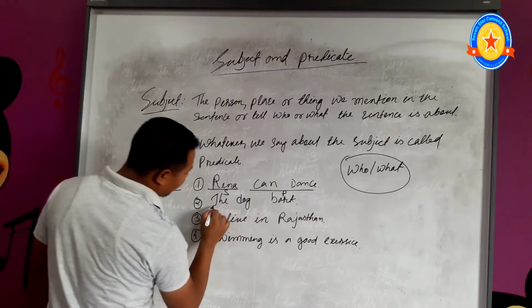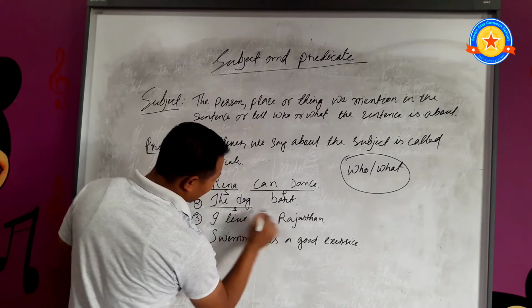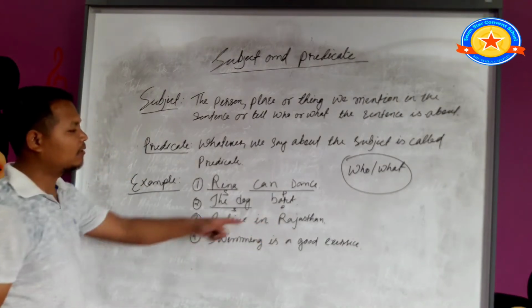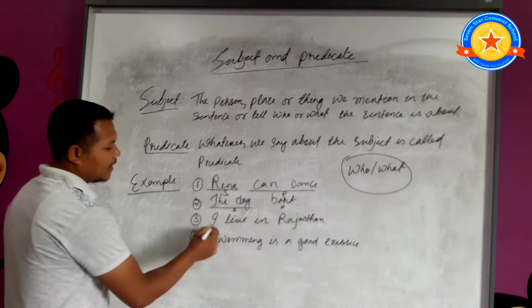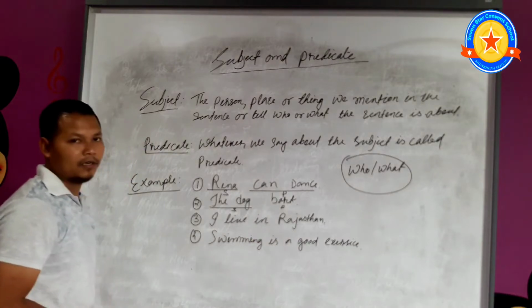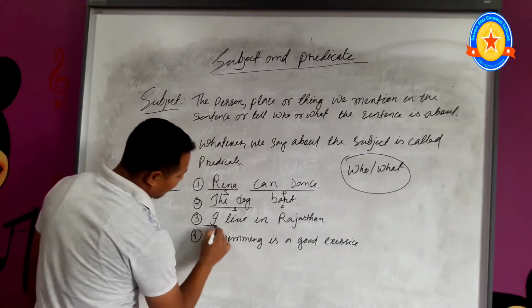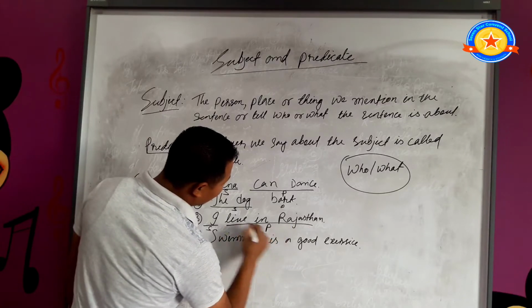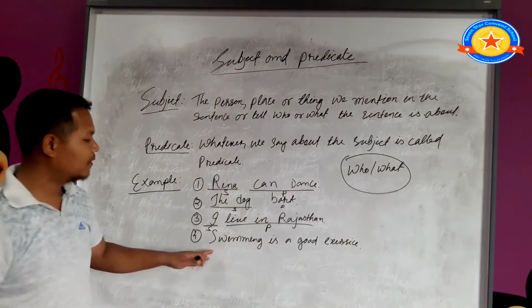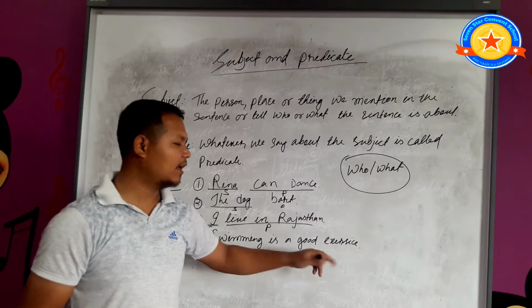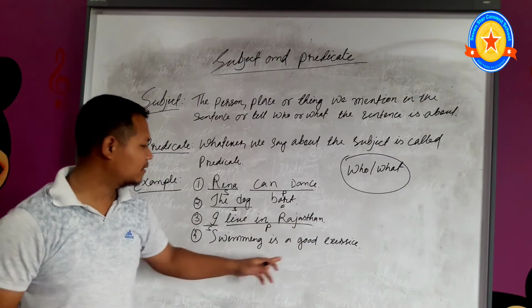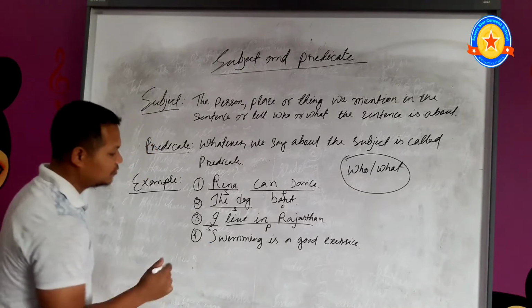So here also you can find the subject and the predicate, because what can the dog do? The dog can bark. And I live in Rajasthan. Who is living in Rajasthan? I. This is the subject, and the remaining part is the predicate. And here also, swimming is a good exercise. What is good for exercise? Swimming.